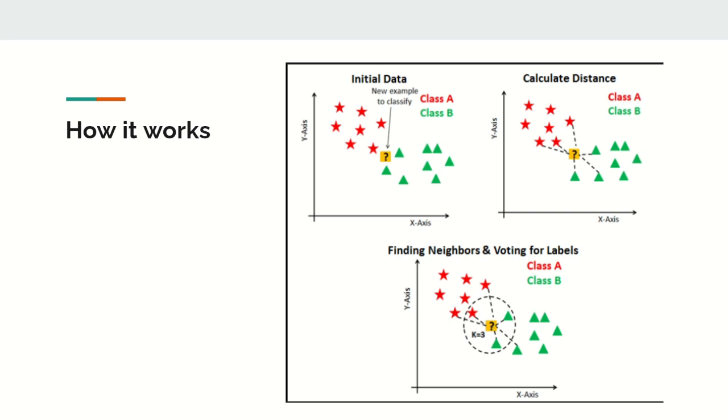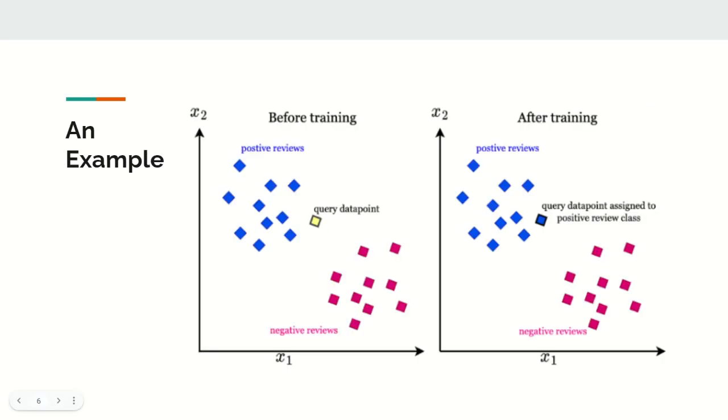2 of them are green triangles and 1 is a red star. Now based on this, we can say that our point is closest to the green triangles and it resembles a green triangle, so it will be classified as a green triangle. Moving on, another example.